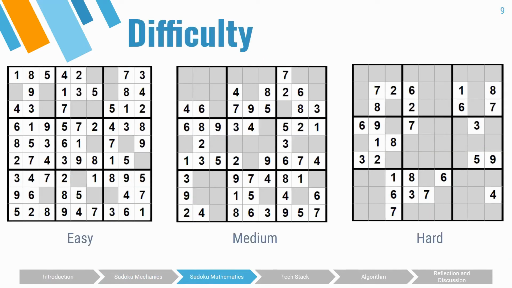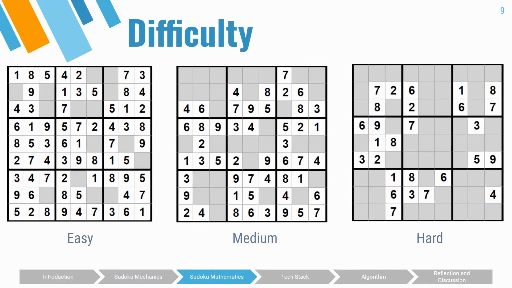The difficulty of a Sudoku puzzle is inversely related to the number of clues or given numbers. In other words, fewer clues result in a Sudoku puzzle with higher difficulty, as a player needs to consider more possible solutions for each box.